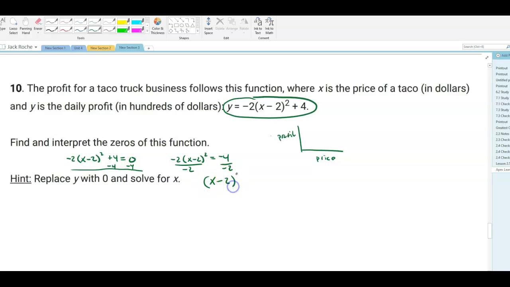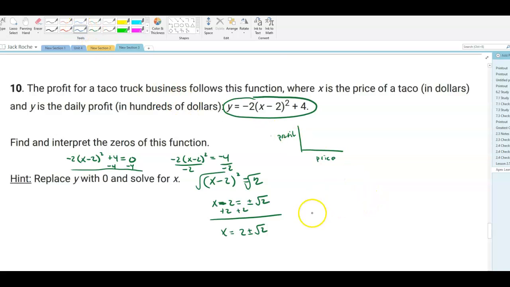And I get (x minus 2) all squared equals positive 2. Well, now I'm going to square root both sides and I get x minus 2 equals plus or minus the square root of 2. I'll go ahead and add 2 to both sides and I get x equals 2 plus or minus the square root of 2.